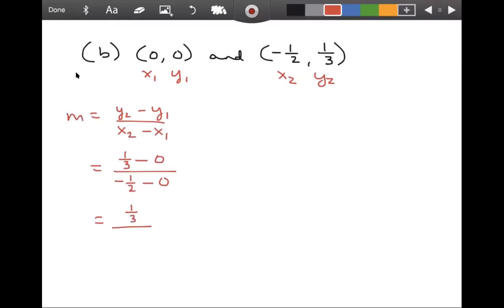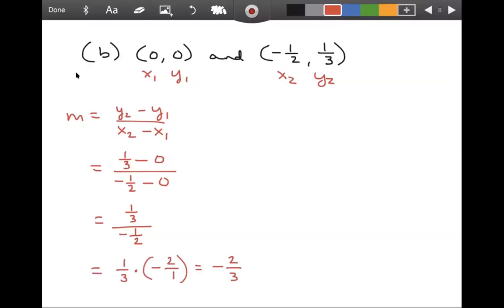Negative 1/2 minus 0 is negative 1/2. So how do you divide 1/3 by negative 1/2? Well, dividing by negative 1/2 is the same thing as multiplying by the reciprocal. So that's going to give me a slope of negative 2/3.